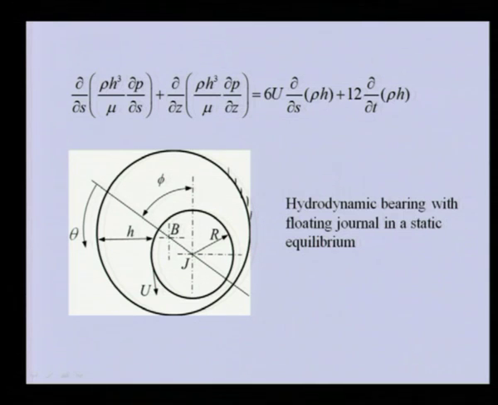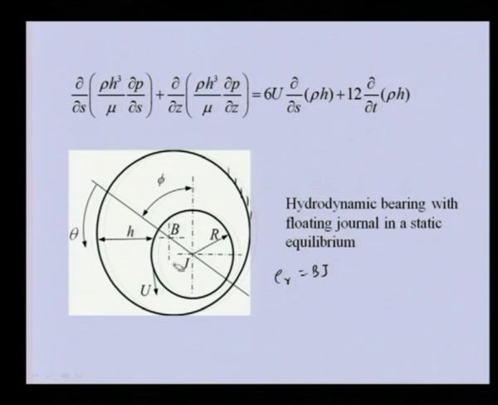You can see B is the bearing center and C is the journal center. The distance between these two is the eccentricity, and the angle between the line joining the bearing center and the journal center and the vertical is called the attitude angle. So basically the radial eccentricity e_r, which is nothing but BC, and this attitude angle define the position of the journal.